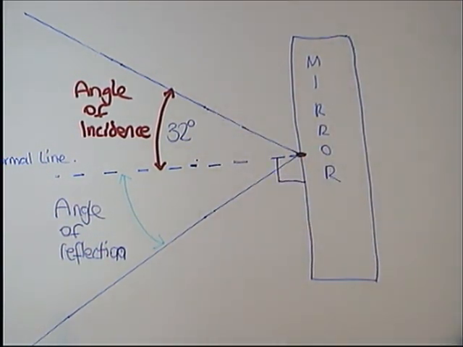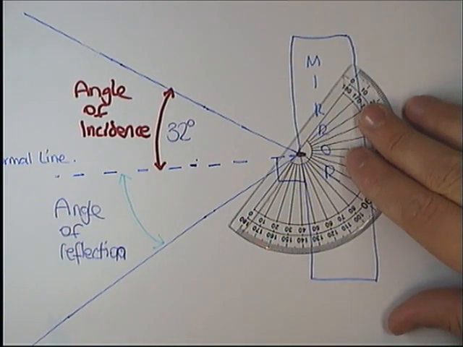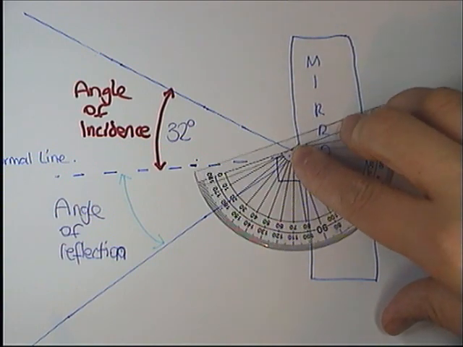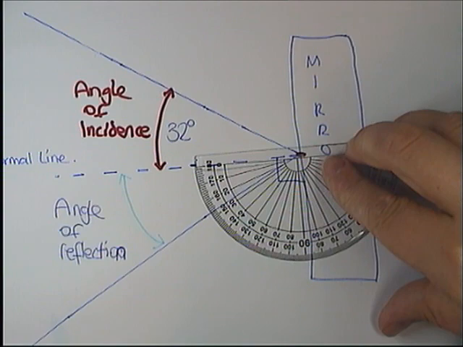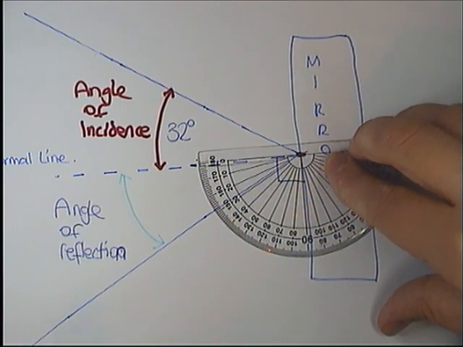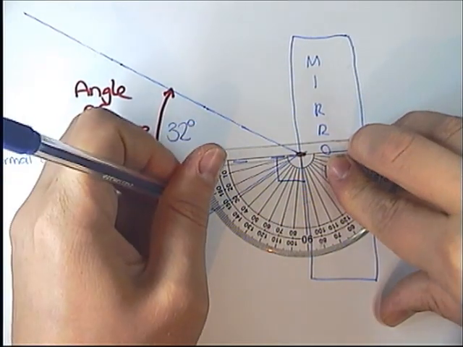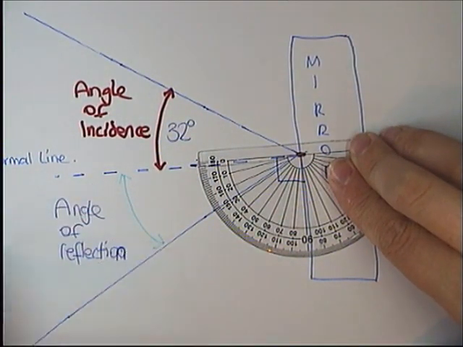I get my protractor again. I again place the cross in the middle of the protractor where the beams of light touch the mirror, and I move the 0 of my protractor round to the normal line, and I measure this time the angle between the normal line and the reflected ray. So I'm looking for this angle here.